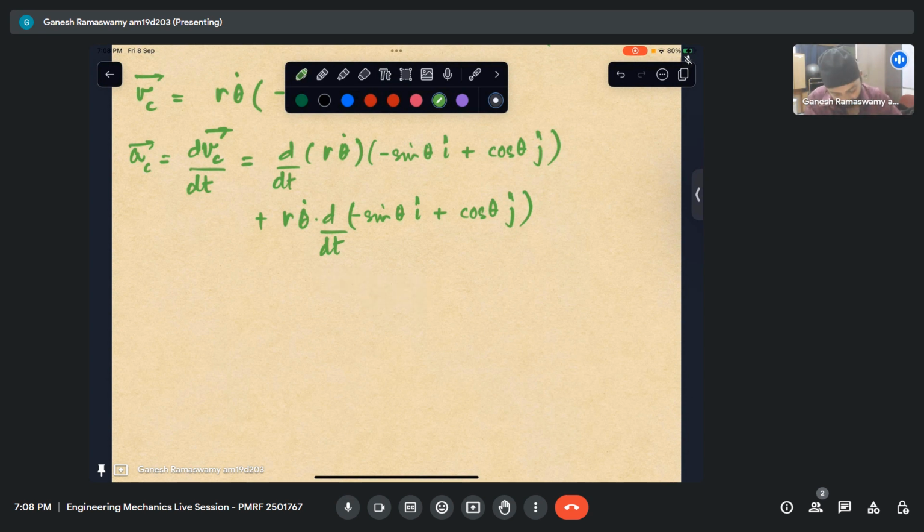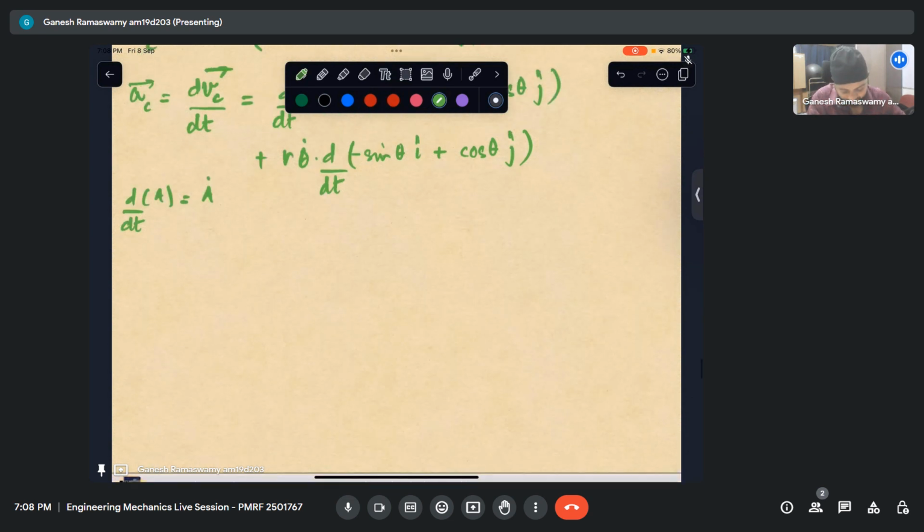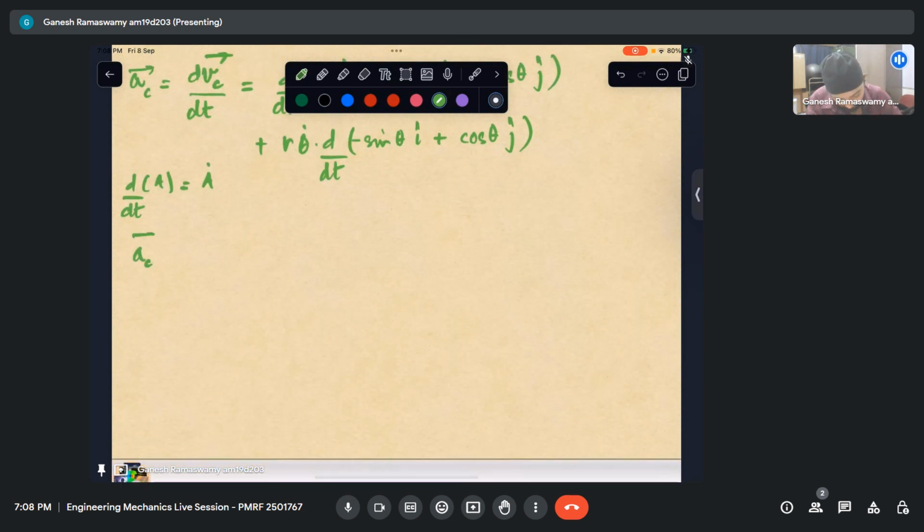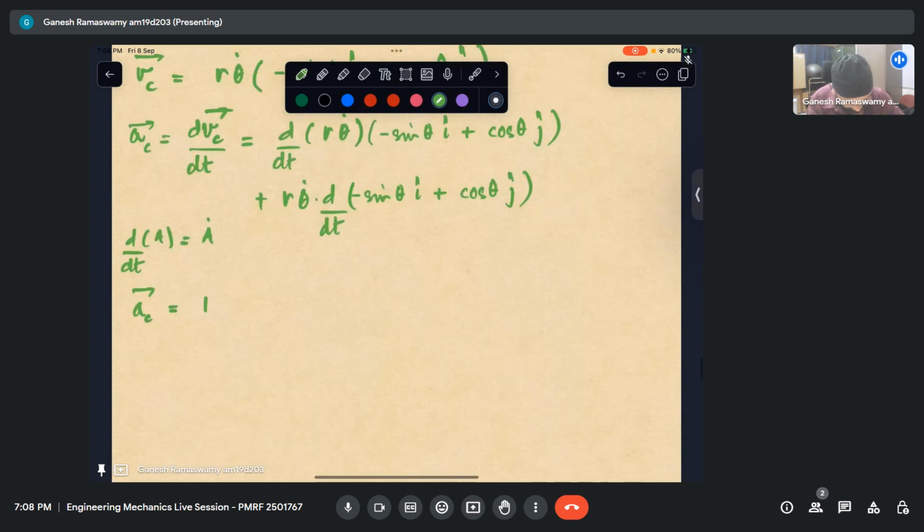So essentially, I'll replace d by dt with a dot. D by dt of some a, I'll write it as a dot. Let me use that convention. So AC will come out to be r dot theta dot into minus sine theta I, or rather let me write it this way.